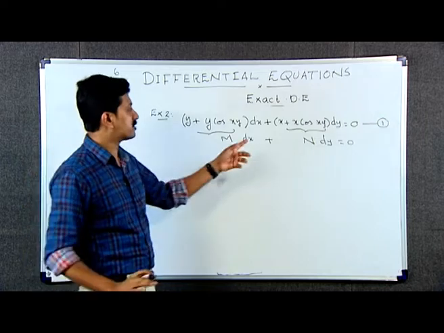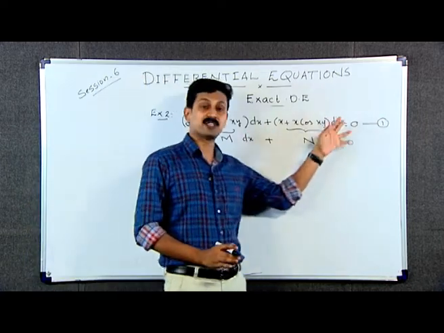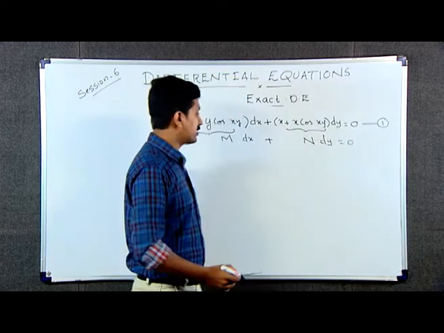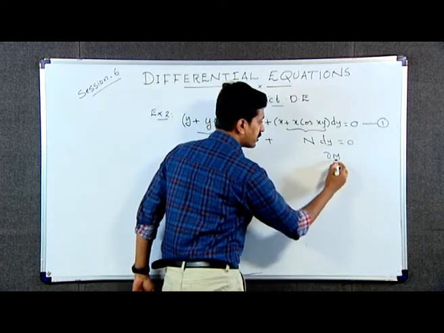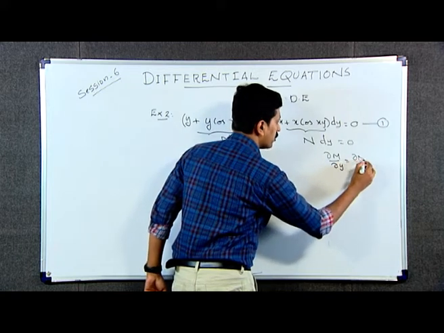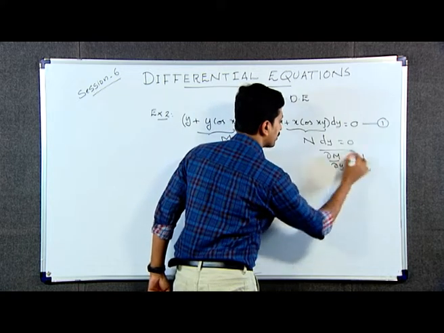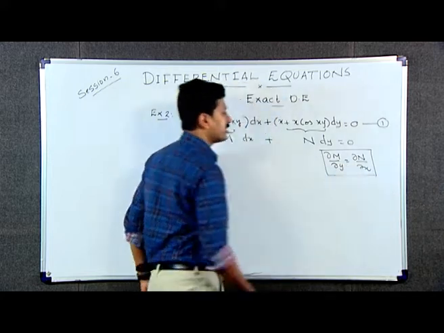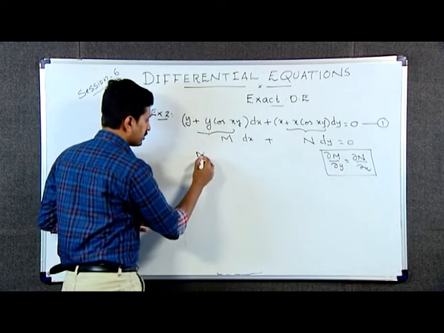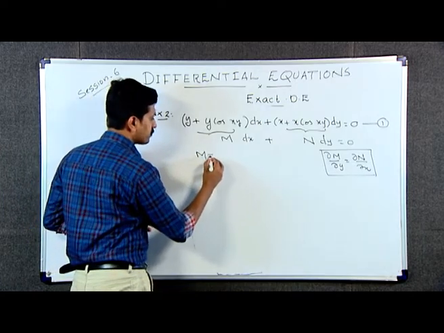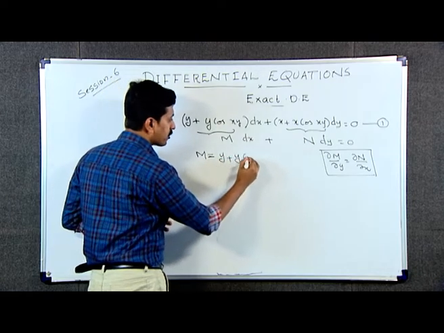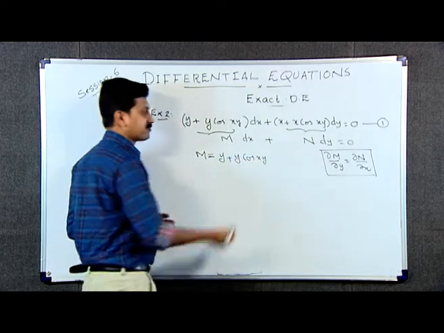To solve this differential equation, first of all we have to check whether our equation 1 is exact or not. For that, we need to find out whether dou M by dou y is equal to dou N by dou x. We have M equal to y plus y cos of xy.